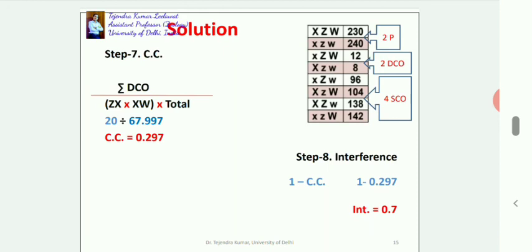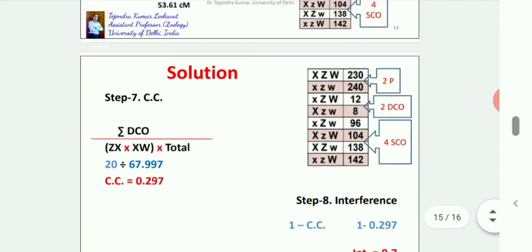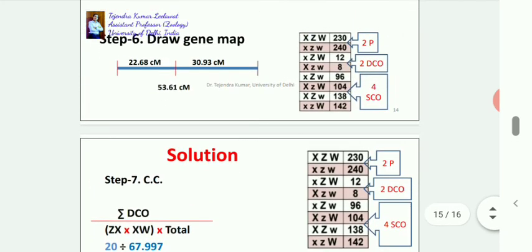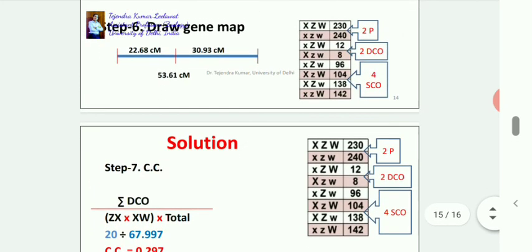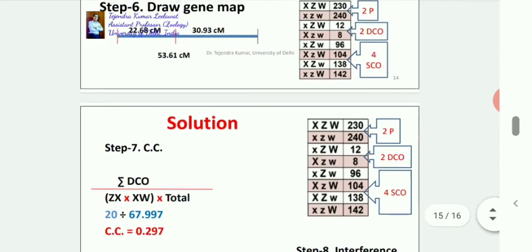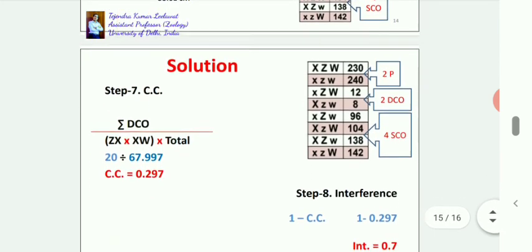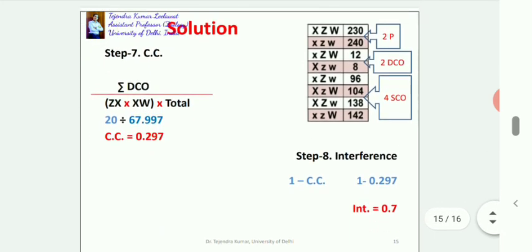Again I multiplied the values 22.68 and 30.93 with 970, and it gives me 67.997. After the division it gives me 0.297, and that is the exact coefficient of coincidence.